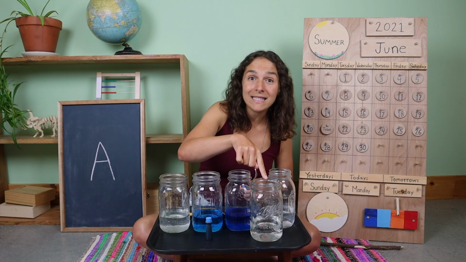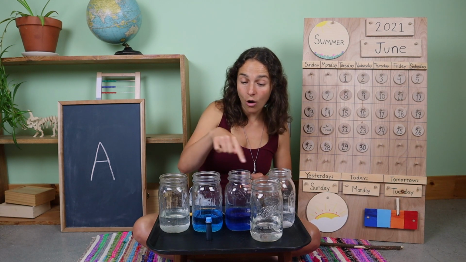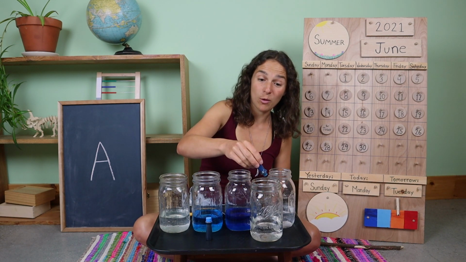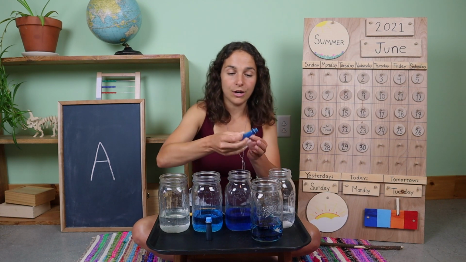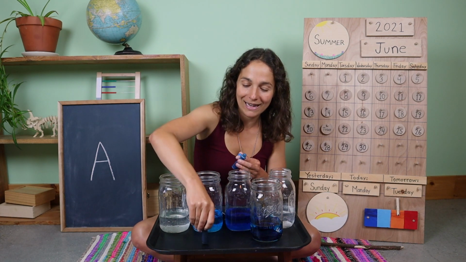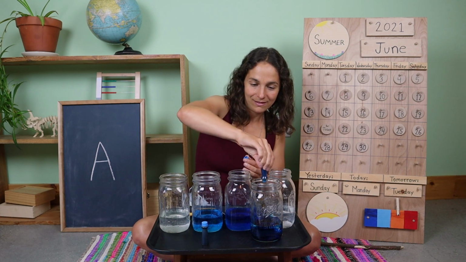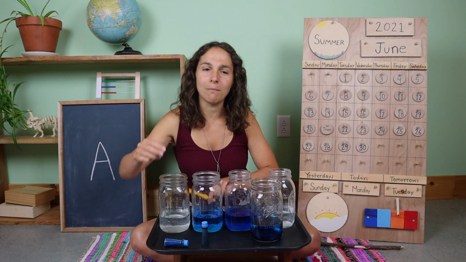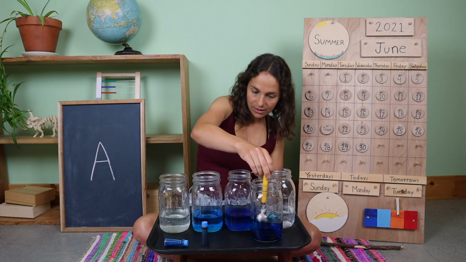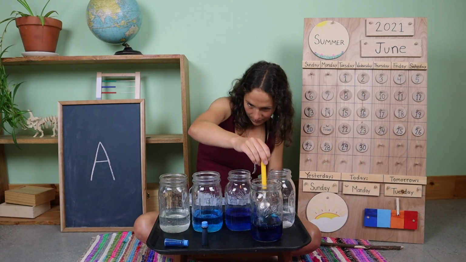But the abyss is even darker than all of these. So I'm going to have to add a lot of food coloring to that. Good thing I have another bottle right here. Oh, now this one's empty. Let's give it a little mix and see if it's darker than the midnight zone.